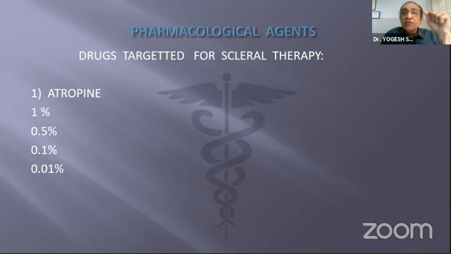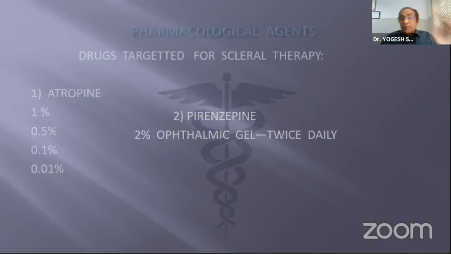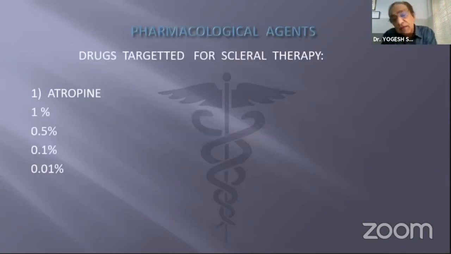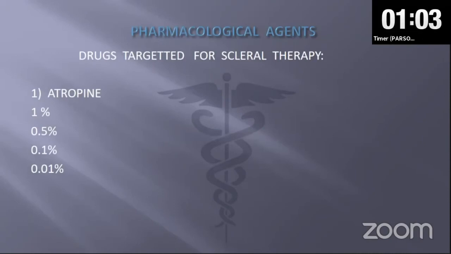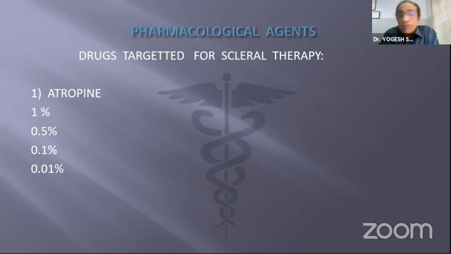Now, drugs targeted for scleral therapy. We have atropine, number 1. All has been tried, 1%, 0.5, 0.1, and now 0.01%. 0.01% atropine is now the most popular drug in our pharmacological agents to control the myopia.